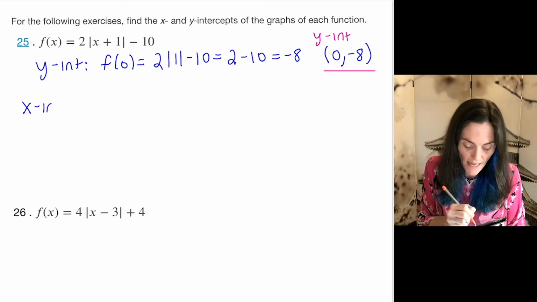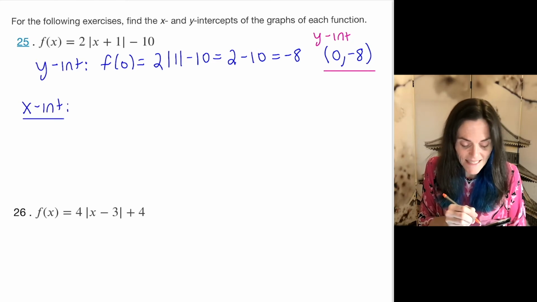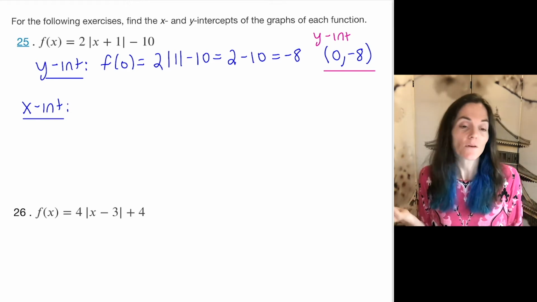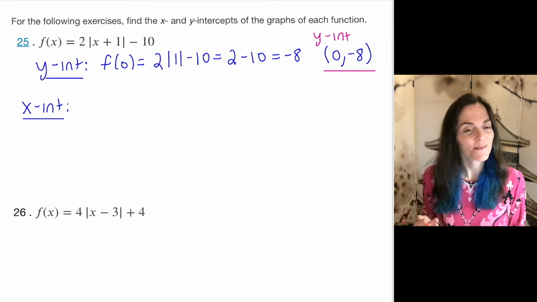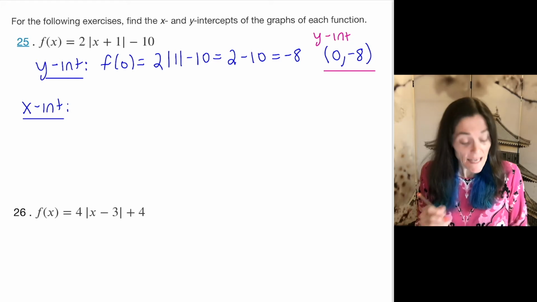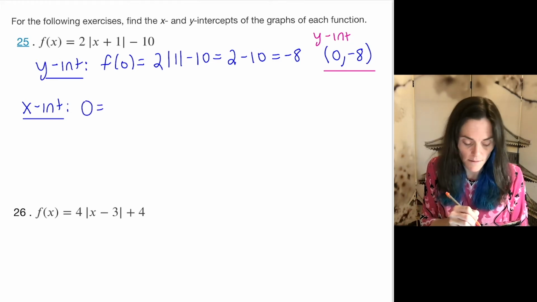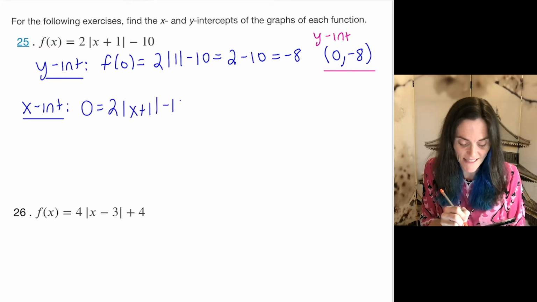Great. Now for the x-intercept, which here, as I mentioned in the lesson, there's no more than one y-intercept, but you could have multiple x-intercepts. Here we set the function value to 0 and solve for x. So set 0 to be 2 absolute value of x plus 1 minus 10.